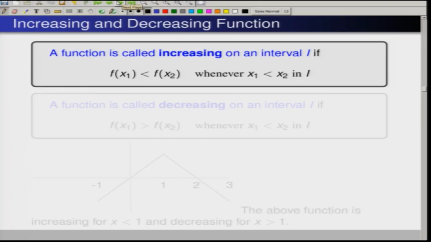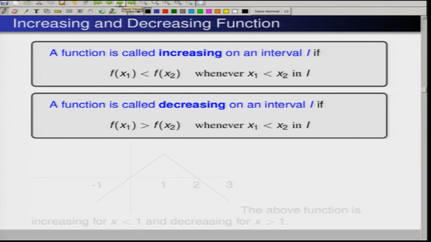A function is said to be a decreasing function on an interval I. This is very important, on an interval I. So, if f of x 1 is greater than f of x 2 whenever x 1 is less than x 2 in I. For example, this is a function, you can see that this is increasing up to 1, and after that it is a decreasing function.